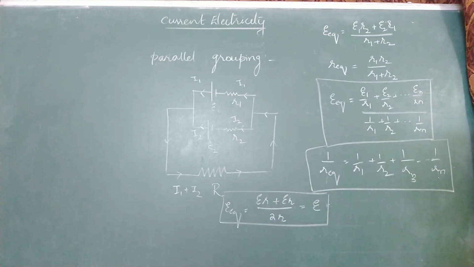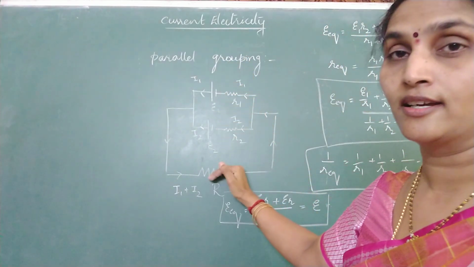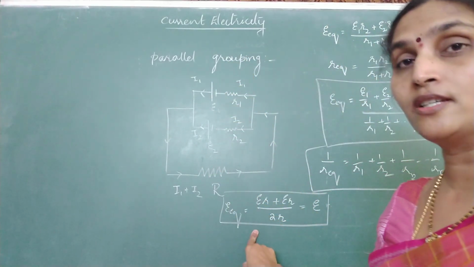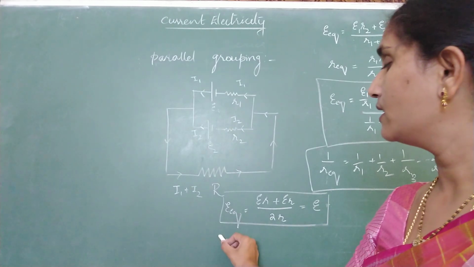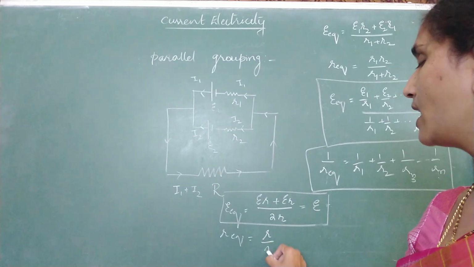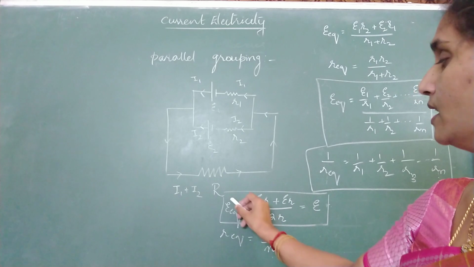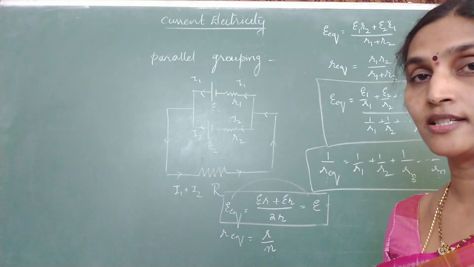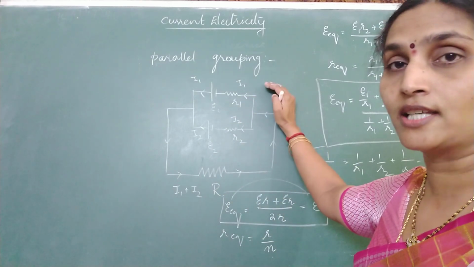Even if you connect n identical cells in parallel combination, the equivalent EMF is equal to the EMF of only one cell. And R equivalent, the internal resistance, is obviously R divided by n. Resistance is reduced by n times, but EMF will remain as it is. So this is the case in parallel grouping of cells.